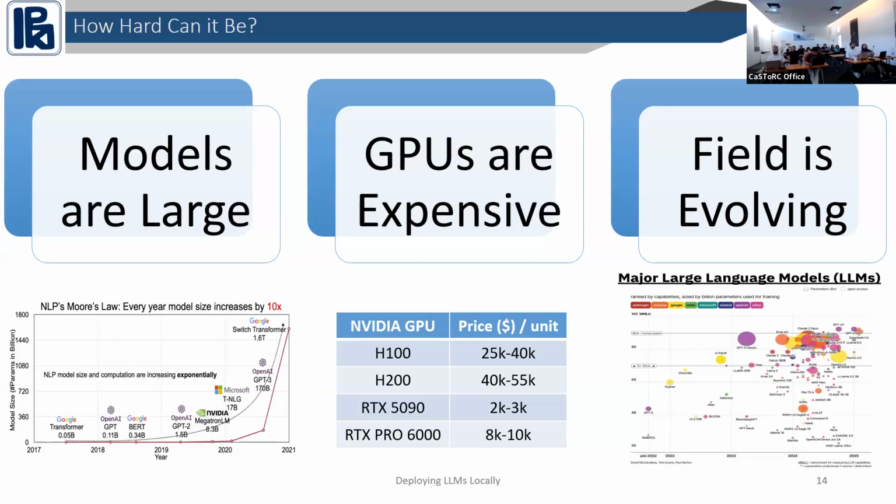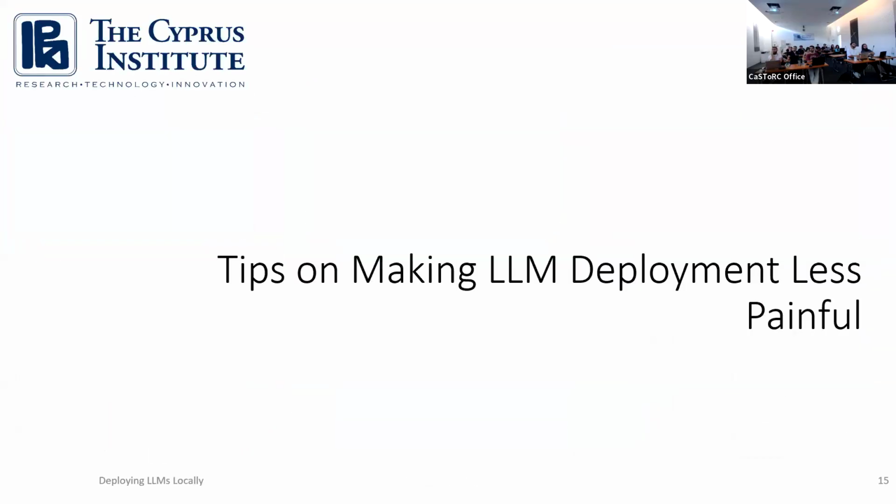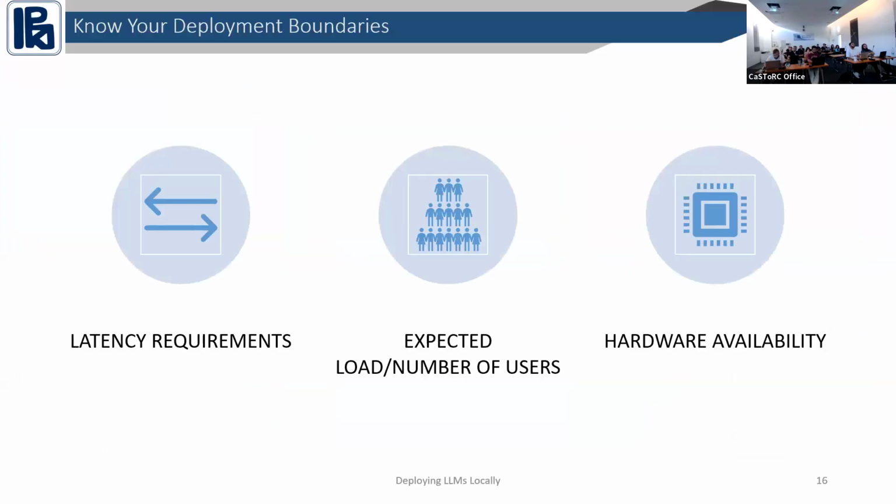And these are the three main issues that you have to deal with when you want to host centrally and locally. But there are actually some tips on how you can make this deployment less painful. For example, you need to know your deployment boundaries. First, you need to know the latency requirements: how much time you want to wait from the time you send the prompt until you get the response.